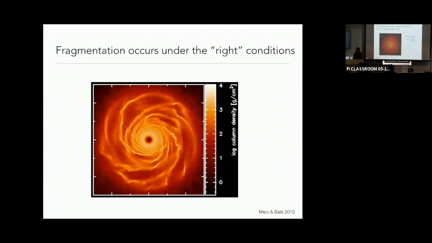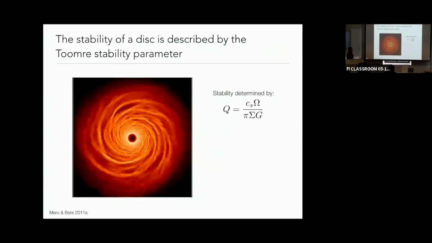So, how do you actually describe the stability or instability, when they fragment, of these disks? Well, we have what's called the Toomre parameter. Essentially, it comes from Toomre in 1964, I think. I should have a citation somewhere.